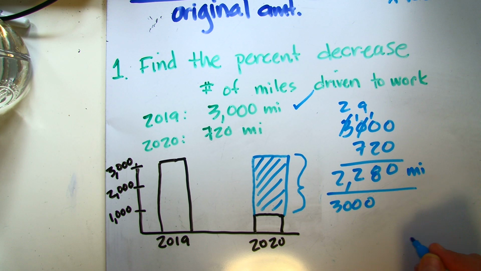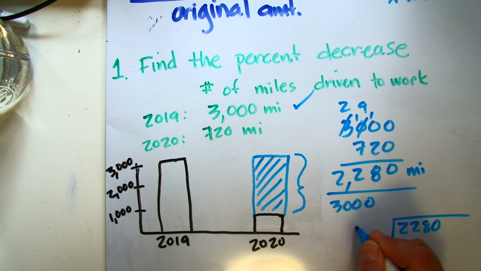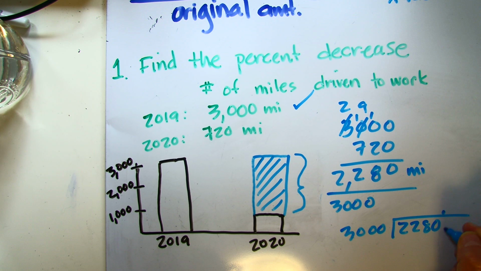I need to do a little math. 3,000 won't go into 2,280, so I need to add a decimal point and a 0. Now, 3 will go into 21, so 3 times 7 is going to give me 21,000.